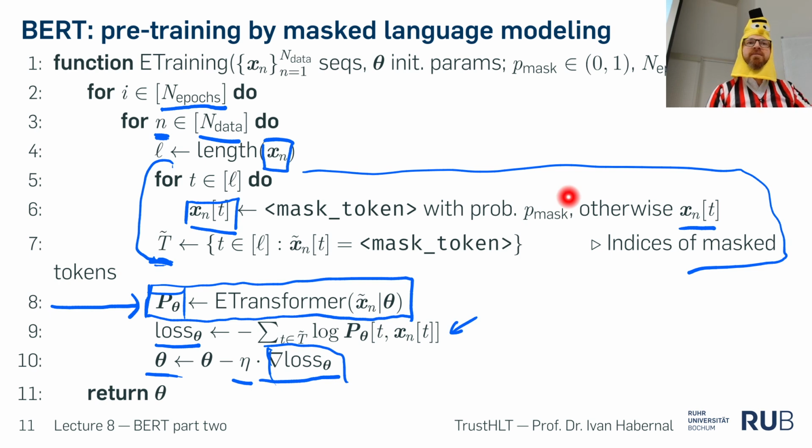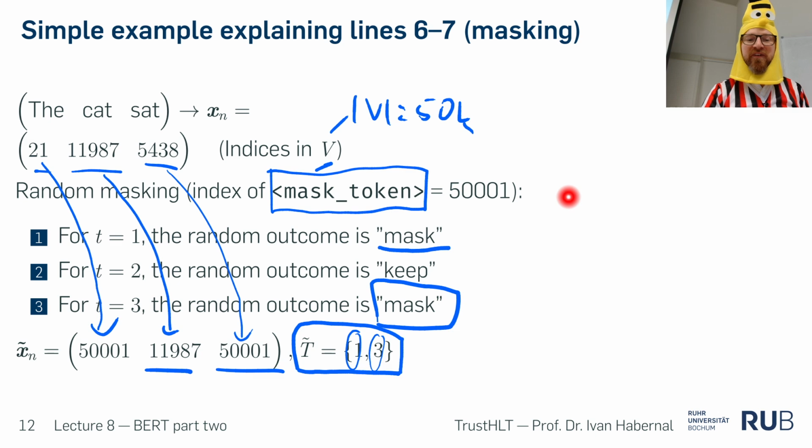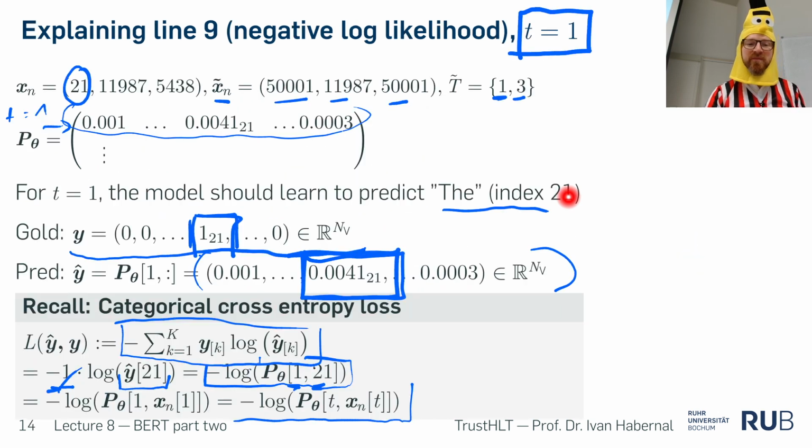You have the one-hot encoding of the gold standard, the index of the missing word, and you take the probability predicted for this word and take the negative logarithm of that. It simplifies to one simple operation, just a lookup in this matrix and taking the negative log. This is just how it's represented here for ease of indexing. It's very hard to read, but it's actually very easy to implement.